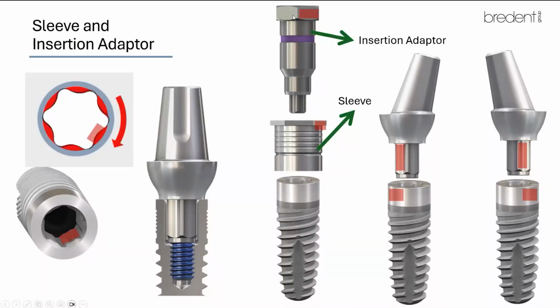So this hex matches this hex, which matches the internal convex surface of the torque-like connection of the implant. So when you place the sleeve the right way, your abutment angulation is decided based on your sleeve and your insertion adapter.